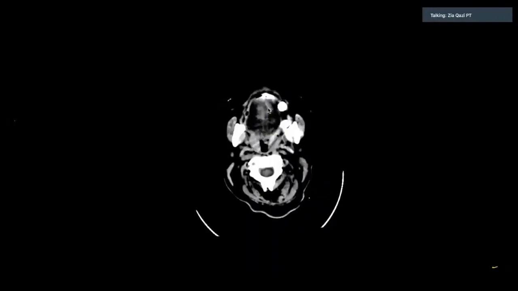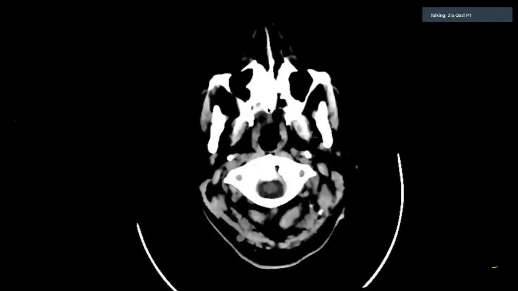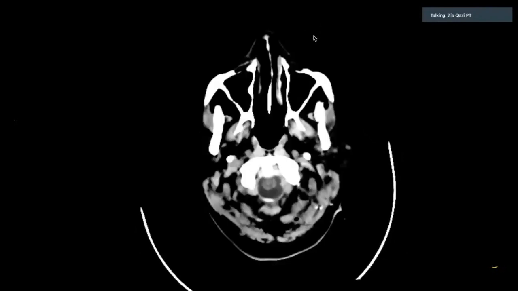Slowly as you go above in the sections, you see the C1 forming over the odontoid process. This is the ring of the C1, there is no spinous process. Then you see the spinal cord, the nasopharynx, the external auditory meatus, the mandibles, the nasal septum. You see the sinuses empty because they are supposed to be empty, black.